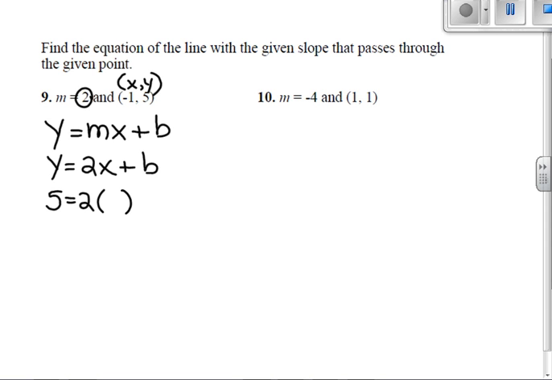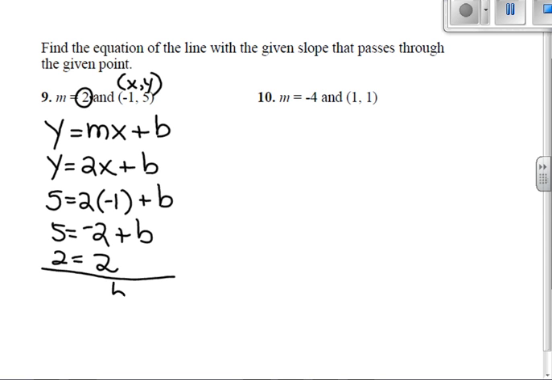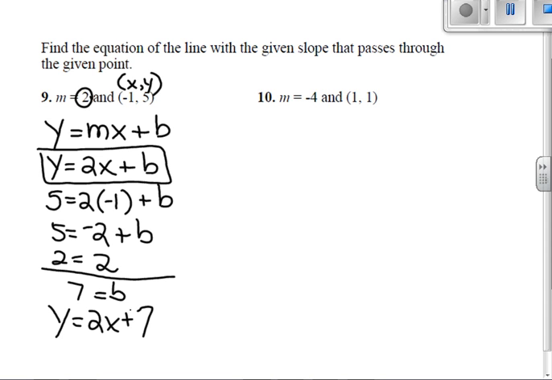What's x? Negative 1 plus b. So 5 equals negative 2 plus b. What's b equal to? What do you have to do to both sides? Add 2. So b equals 7. Am I done? No. I have to write the equation with the b in there. So y equals 2x plus 7.